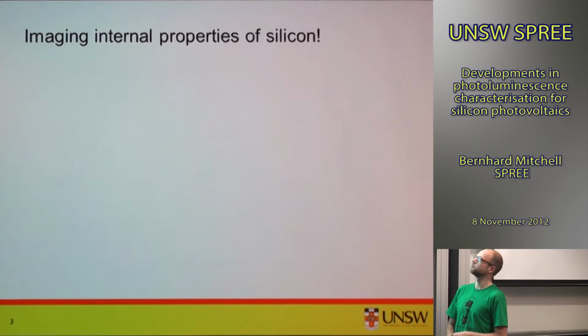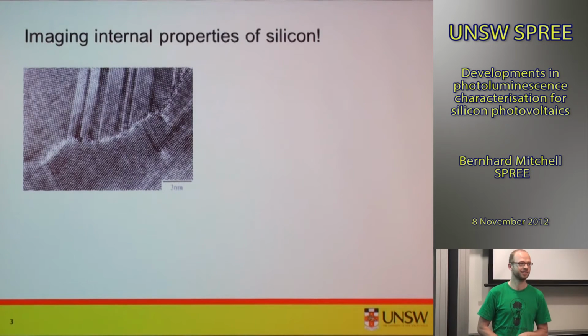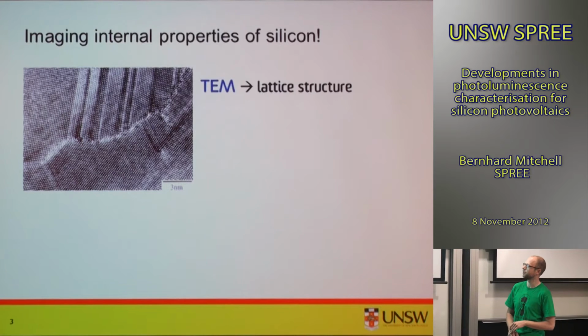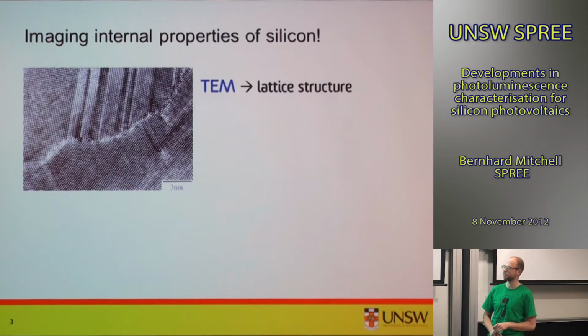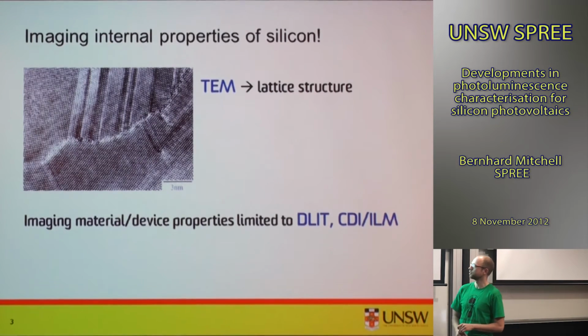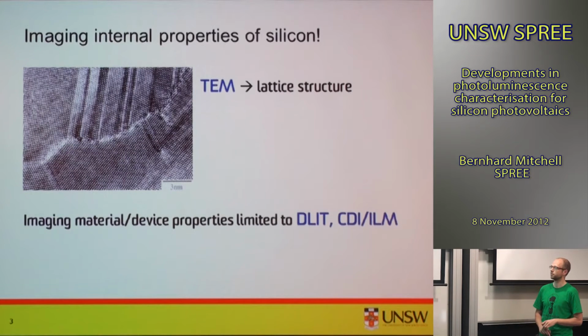How do we image properties of silicon? What is this image? That's right, so it's a TEM image. We can measure the lattice structure by electron interaction. If we then look into how we can image material device properties elsewhere, we end up with DLIT, so that's lock-in thermography or carrier density imaging.